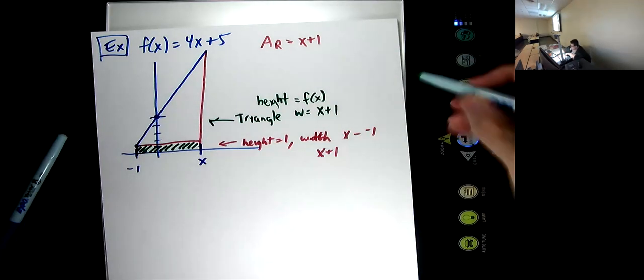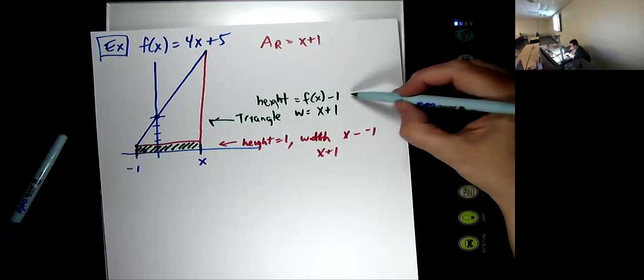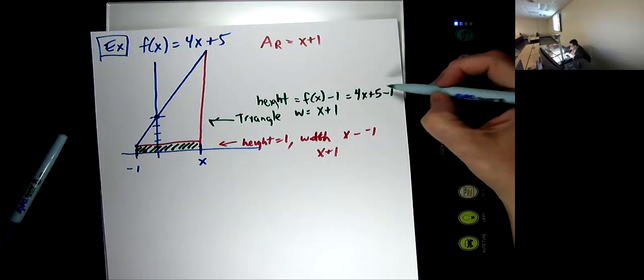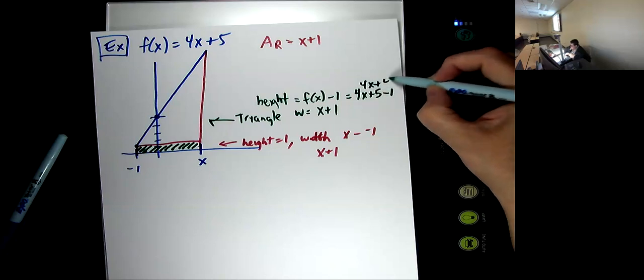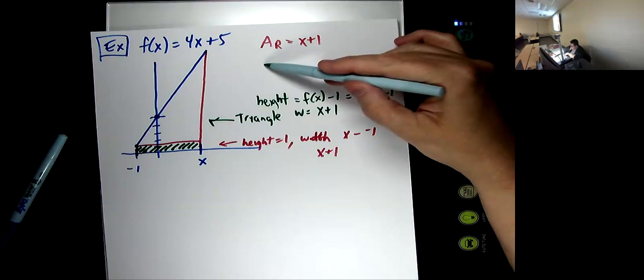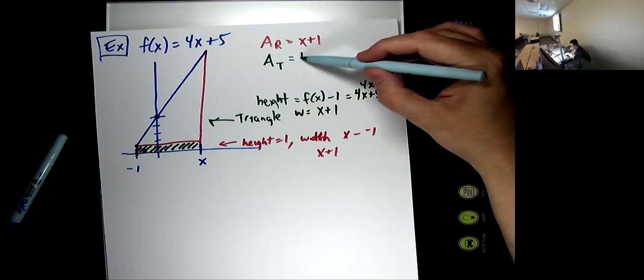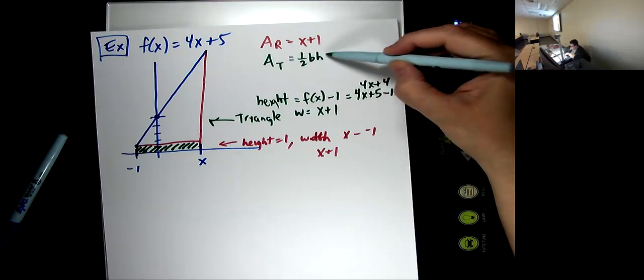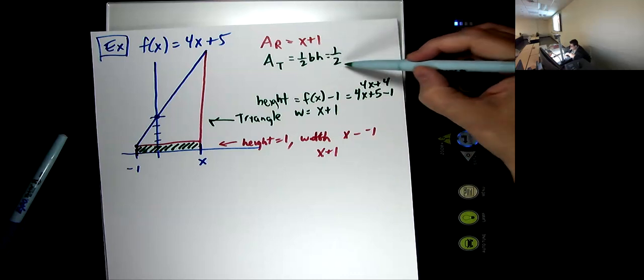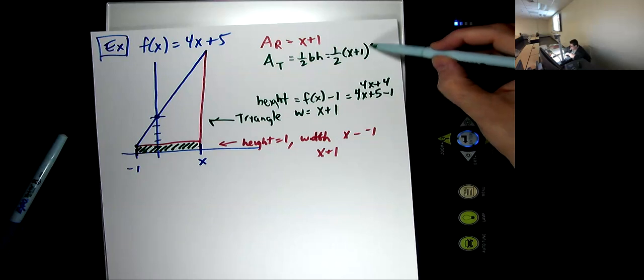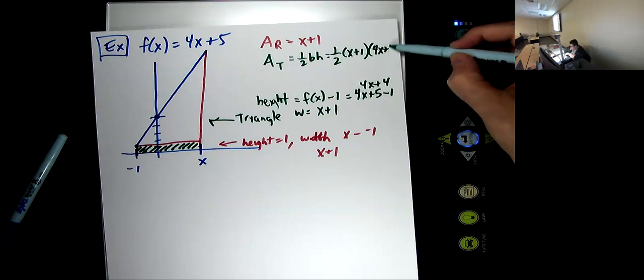So we're doing f of x minus 1. So I have 4x plus 5 minus 1 is 4x plus 4. And the area of the triangle is 1/2 base times height, which is 1/2. The base is x plus 1. The height is 4x plus 4.